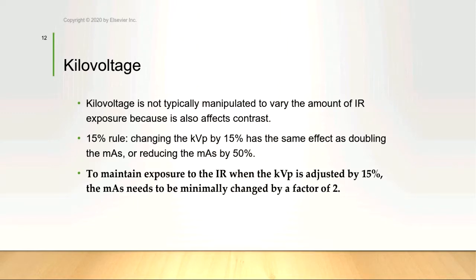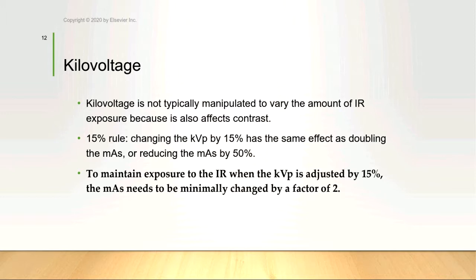With kVp, we tend to use the 15% rule, which says that altering the kVp by 15% will result in the same IR exposure as if you were to double or halve your mAs. So if you alter your kVp by 15%, it would have the same effect on the exposure to your image receptor as if you were to double or halve your mAs.